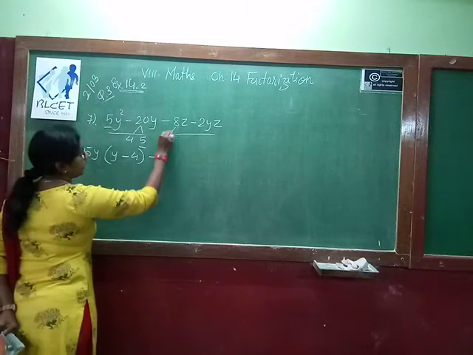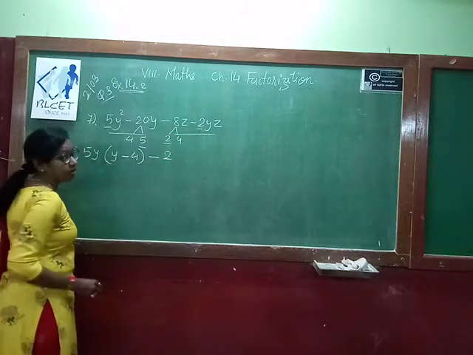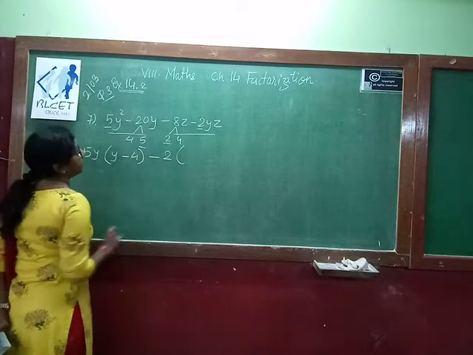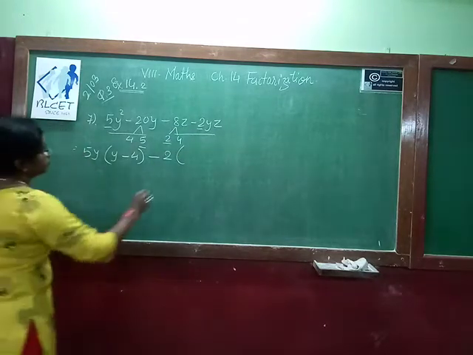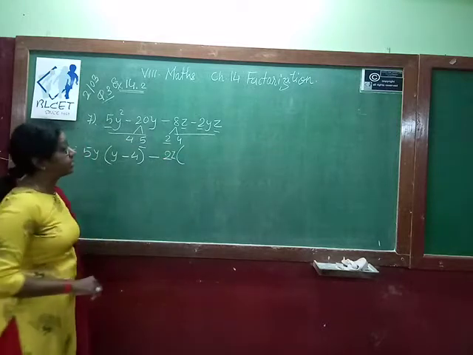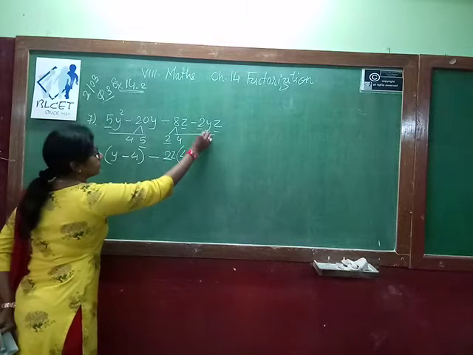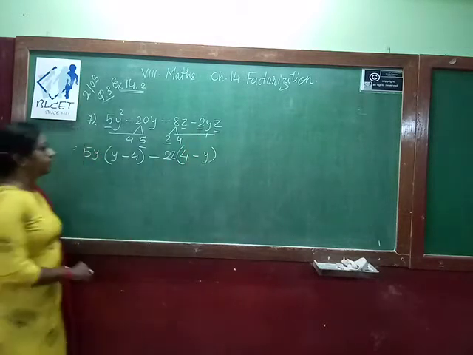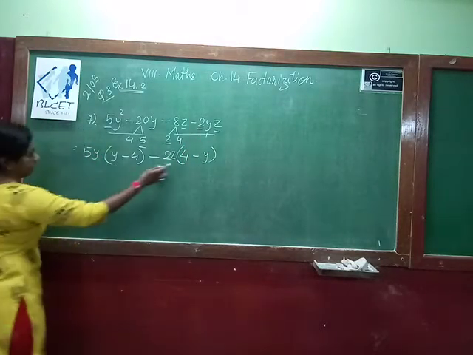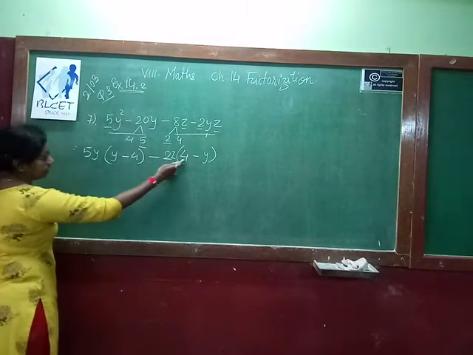Minus from 8, 2 into 4, so what is common? 2 is common. In bracket we have another term, z is also common, minus 2z, so what is left? 4 minus 1y. Now if you observe these 2 brackets, they are not same because here 4 is negative, here 4 is positive.